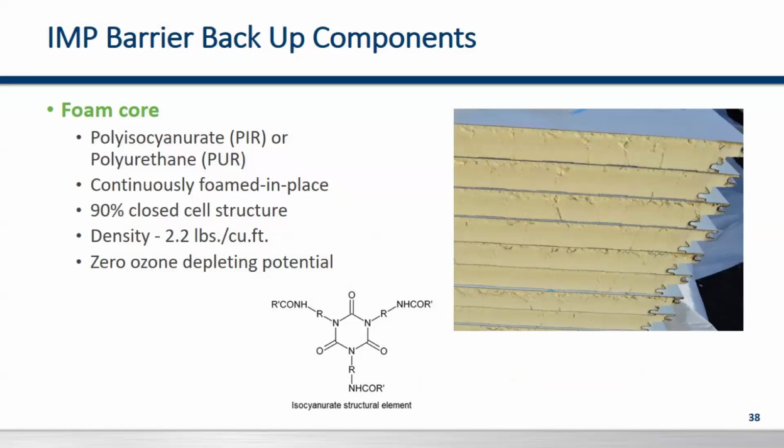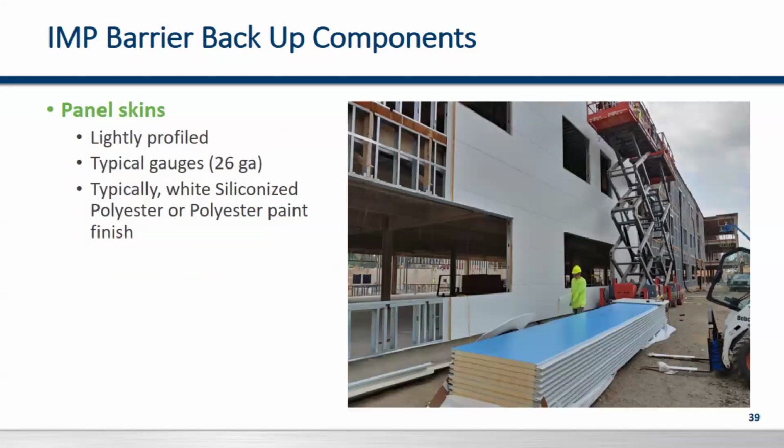Also, the foams that are used are all zero ozone depleting. While the materials used with the insulated panels have changed over time, the concept of the panels hasn't changed since their introduction back in the late 1960s. That's how long insulated metal panels have been around.